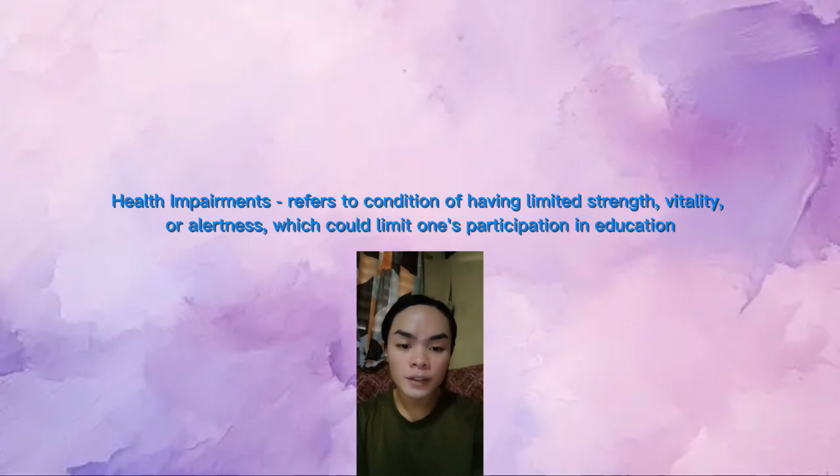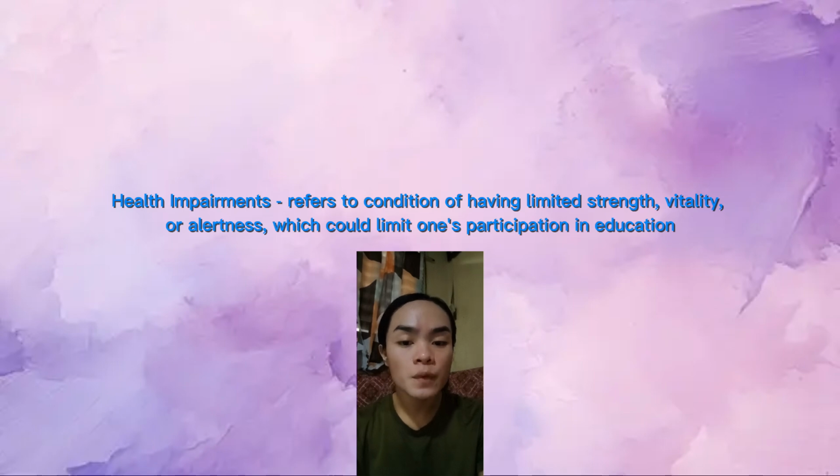Creating an inclusive and accessible classroom environment is a priority for students with physical disabilities. We will ensure that the classroom layout accommodates mobility aids such as wheelchairs or walkers, and provide easy access to resources.